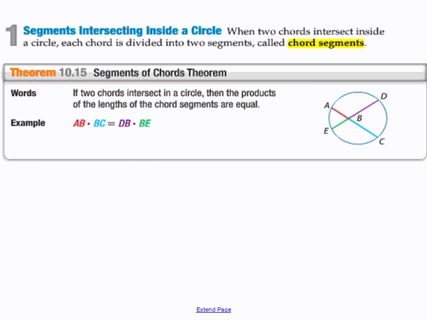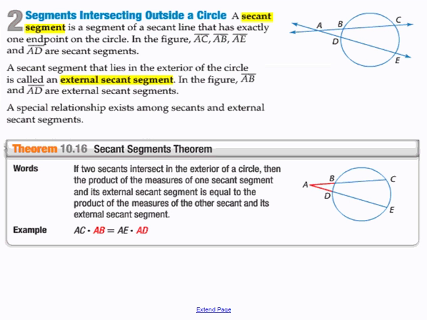The segments of chords theorem basically tells us that this segment times this segment equals this segment times this segment. Then we're talking about secant segments.